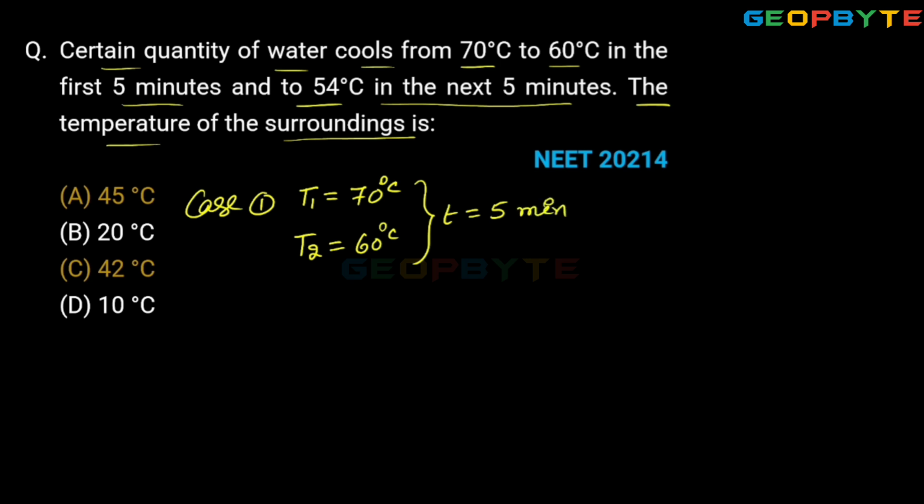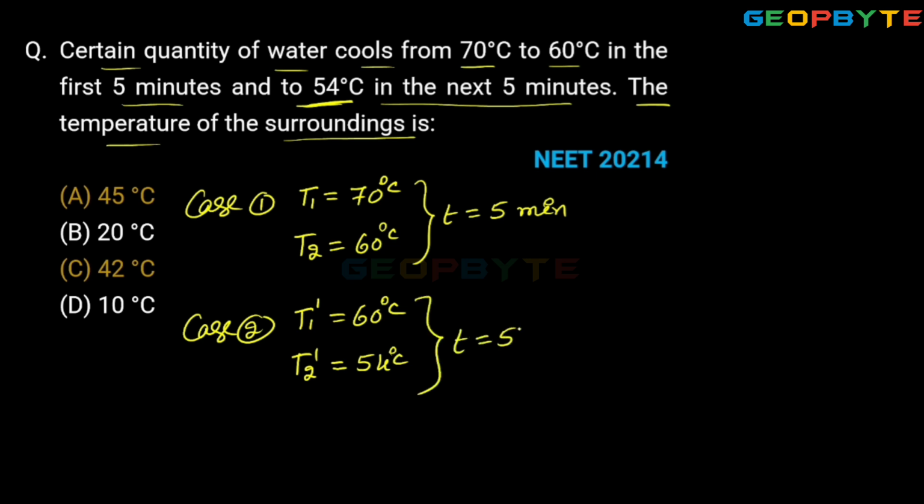In case 2, the temperature drops to 54 degrees centigrade in another 5 minutes, so the initial temperature is 60 degrees centigrade and the final temperature is 54 degrees centigrade, with time period t equal to 5 minutes. Then you are asked to find the surrounding temperature.